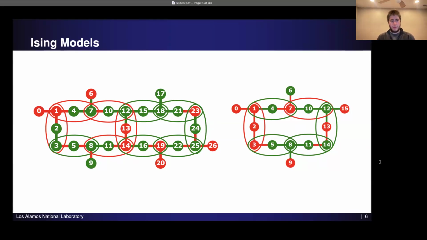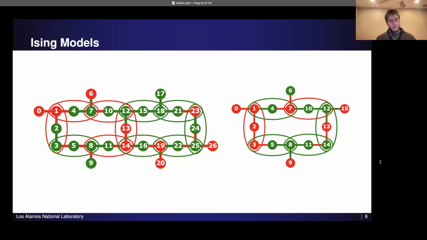Okay, so these two are examples of these optimization problems. These are Ising models. Here the ovals denote hyperedges, the cubic terms that are geometrically local to the heavy-hex lattice. The red and green coloring denotes the sign of the coefficients of the optimization problem.